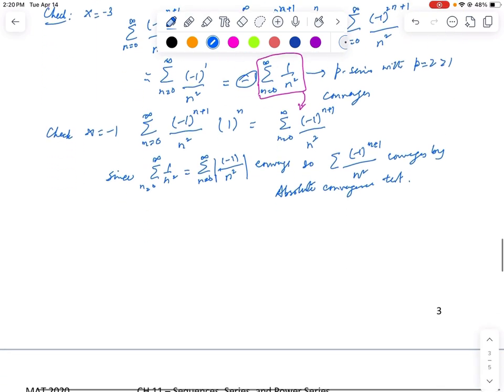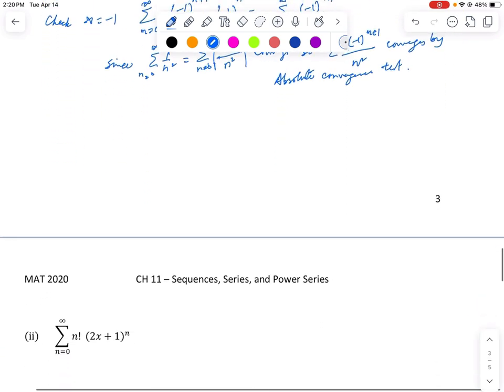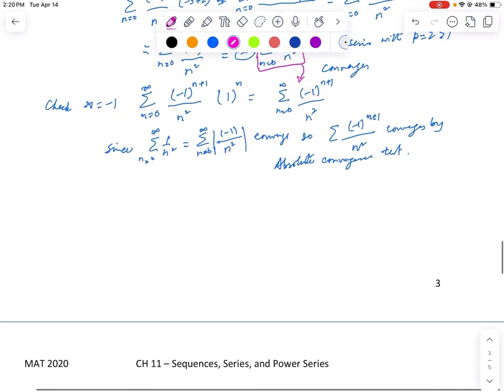So we now see it converges at negative 3 and converges at negative 1.